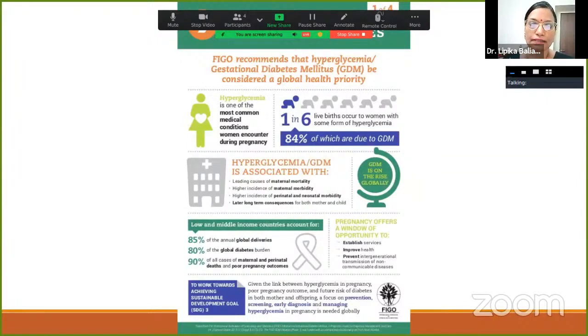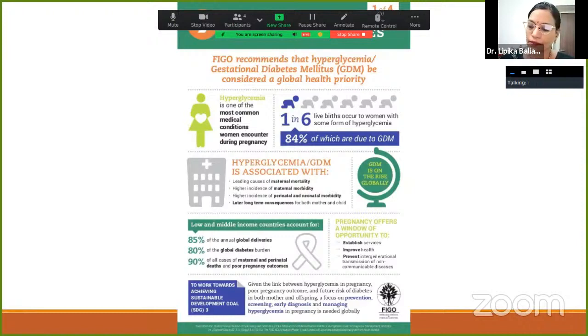Here, it is seen that 1 in 6 live births occur to women with some form of hyperglycemia, and 84% of which are due to gestational diabetes mellitus or GDM. It is very alarming to note that GDM is on the rise globally, with a very high incidence in low and middle income countries.